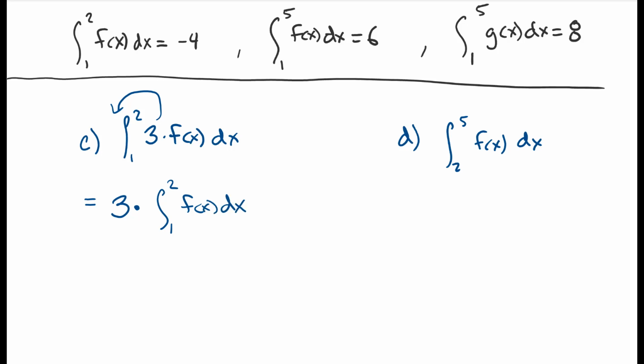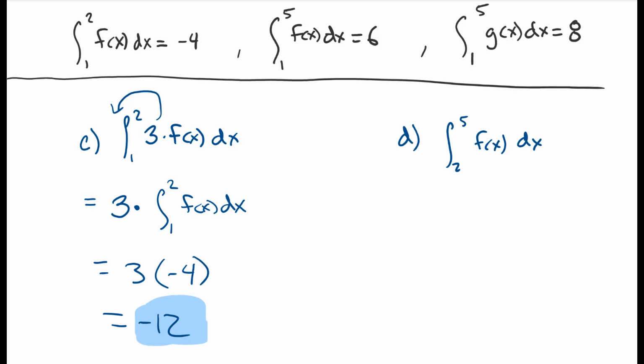But we know this. It's right here. That's equal to -4. So we're just going to replace it with -4. Alright, the answer is 3 times -4, for an answer of -12.